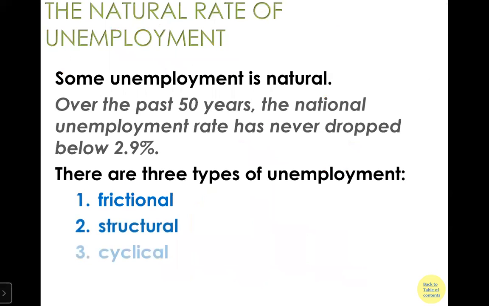Okay. Now we are ready to look at the natural rate of unemployment. Just keep in mind, in the earlier slides we looked at the unemployment rate for the US economy after World War II. And I highlighted two facts.